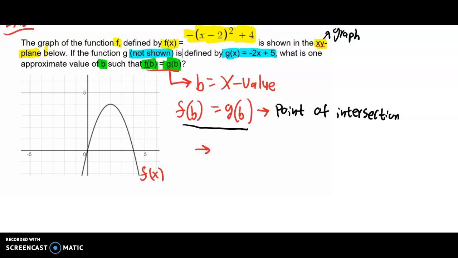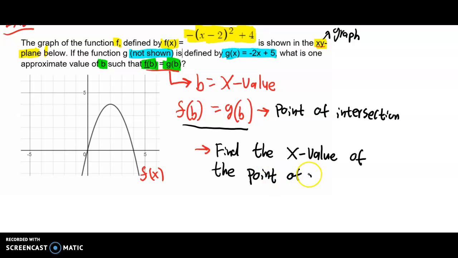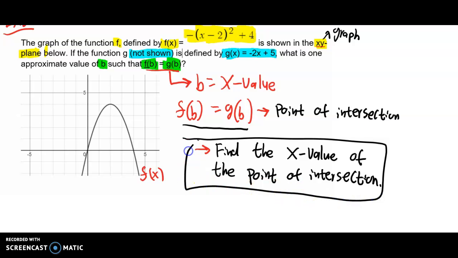So the question is asking us to find the x value of the point of intersection. That doesn't sound so intimidating when we have it like that now. Great, we know what it's asking us. We need the x value of the point of intersection.